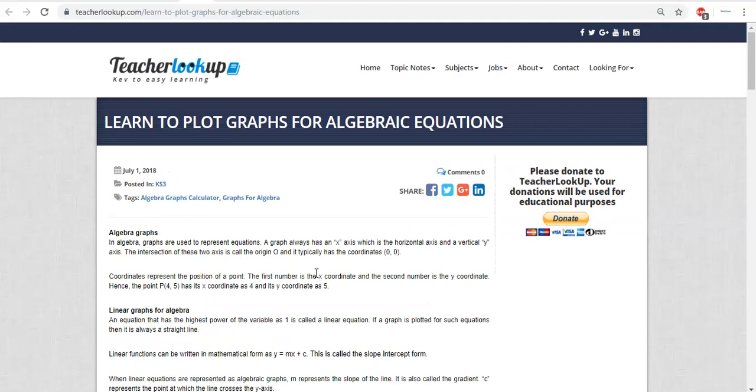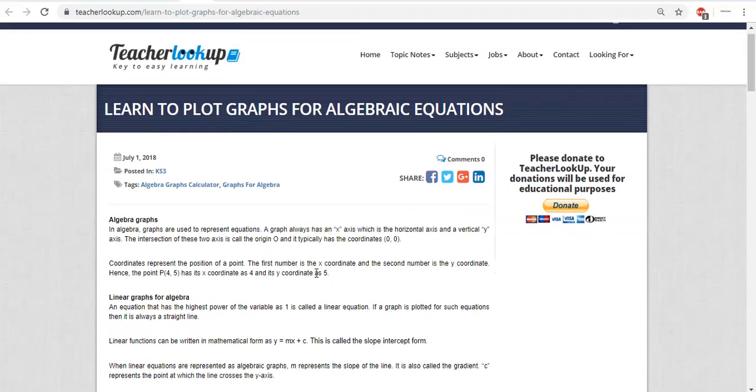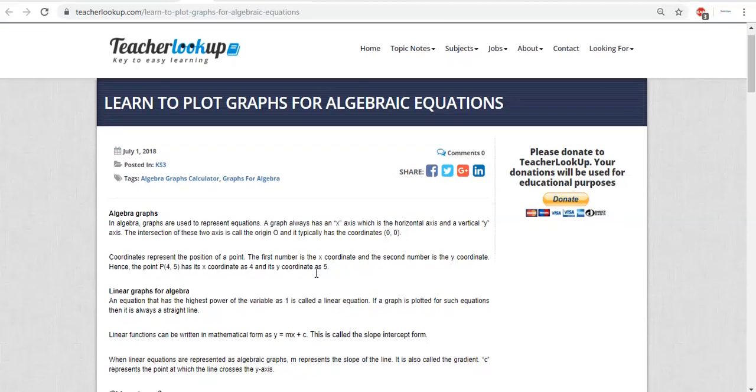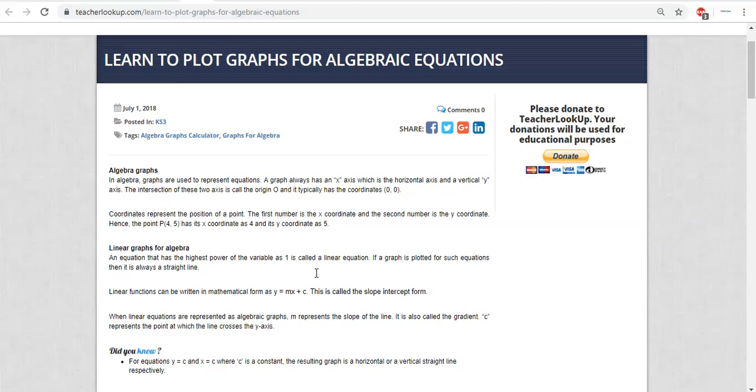So guys, coming back to our topic today. Algebraic graphs, eh? Some people hate the word algebra, some people don't like it, but today we're going to finally get into it and get a bit of an introduction. In algebra, graphs are used to represent equations.